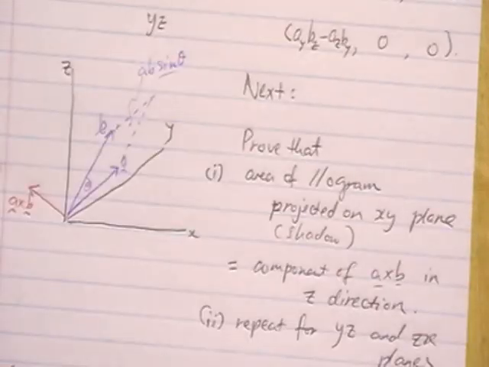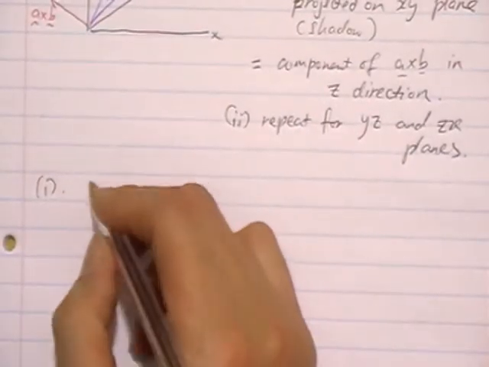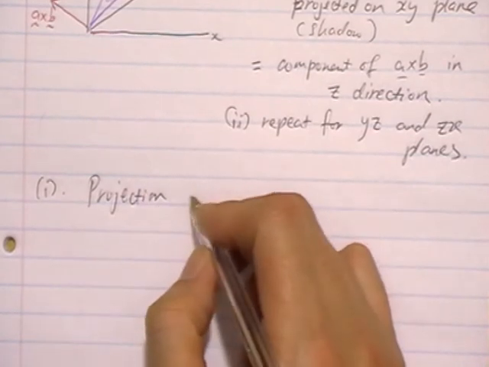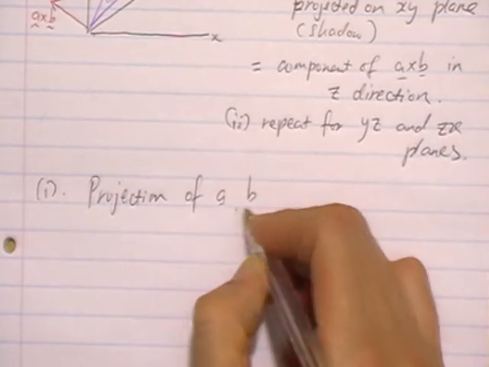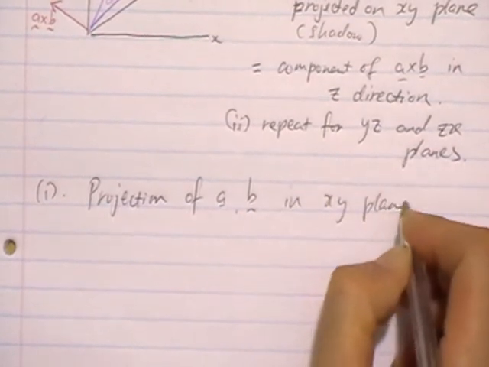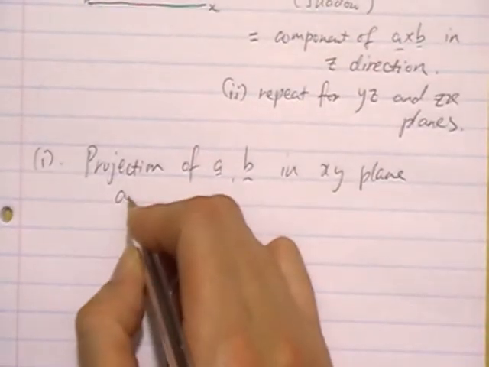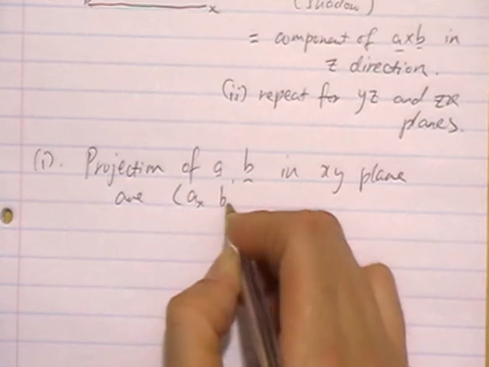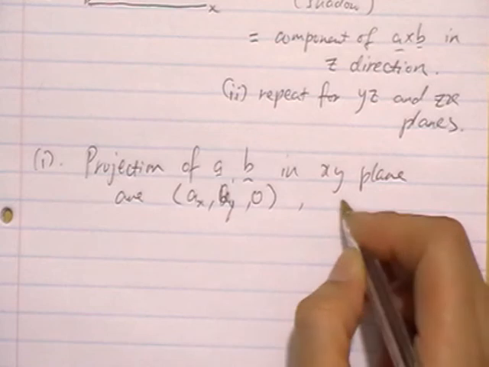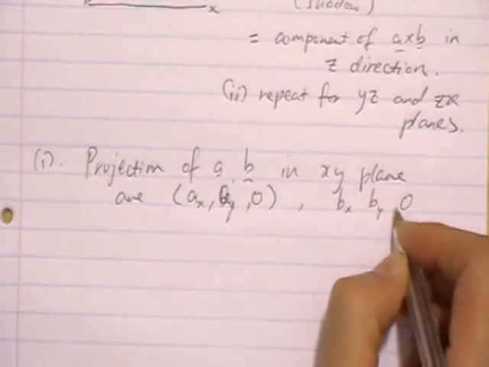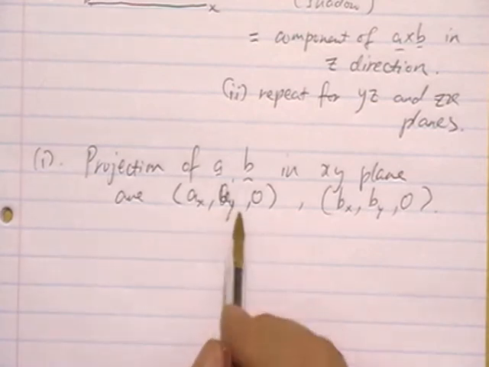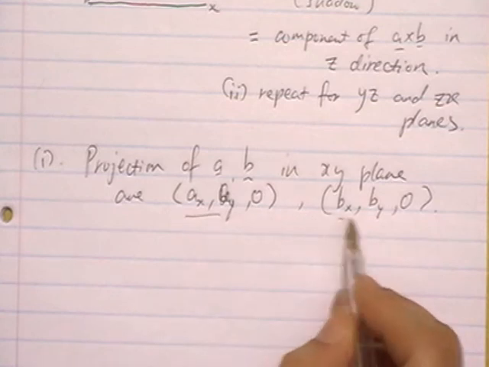That means the projection of A, B in the xy plane are just AX, AY, 0 and BX, BY, 0. If we just look at the xy plane itself, we just need to look at those two.